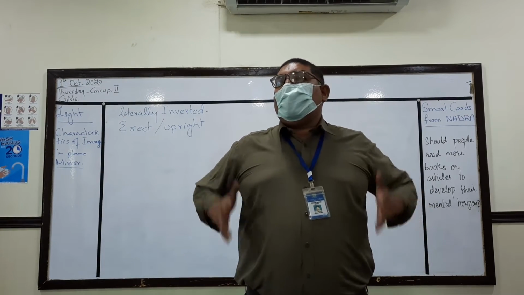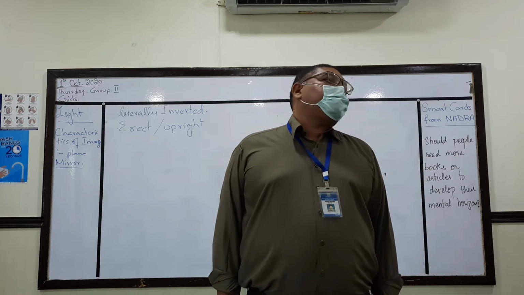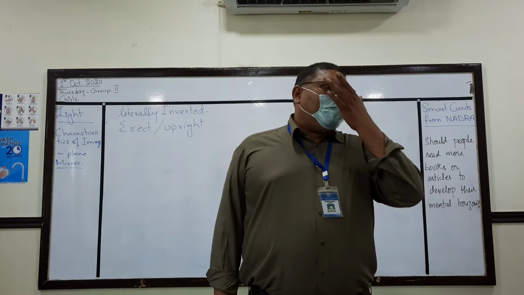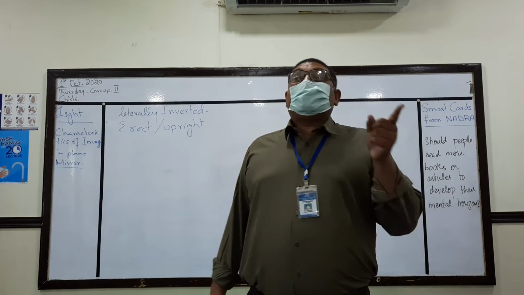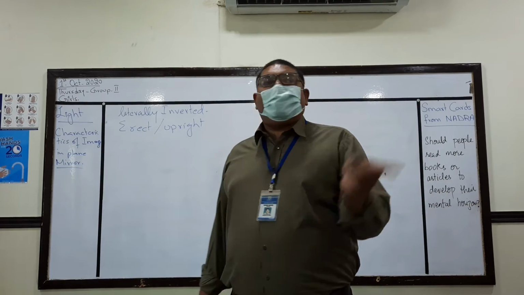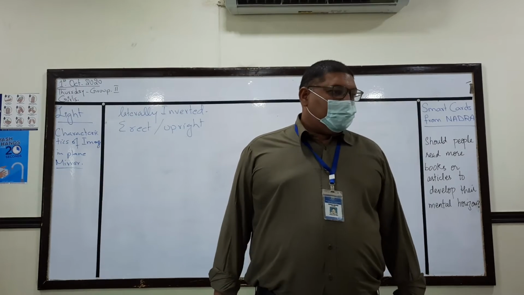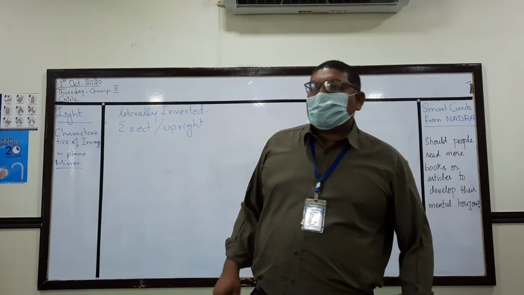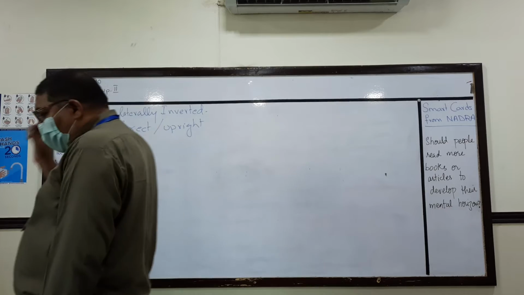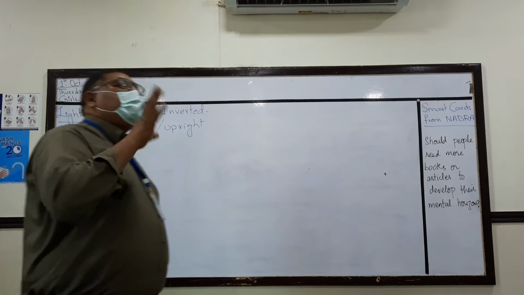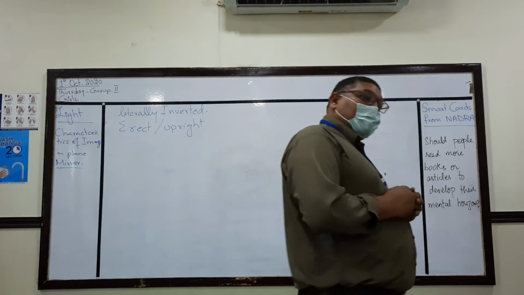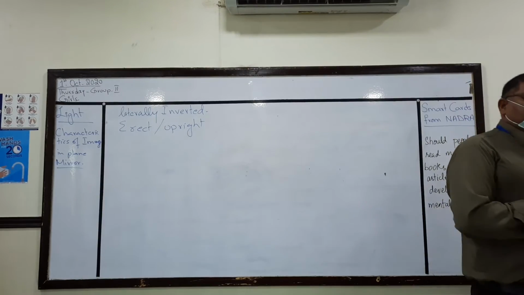Whatever is the height of the object, the same will be the height of the image. The size of the object and the size of the image in the plane mirror is the same. The size does not change.